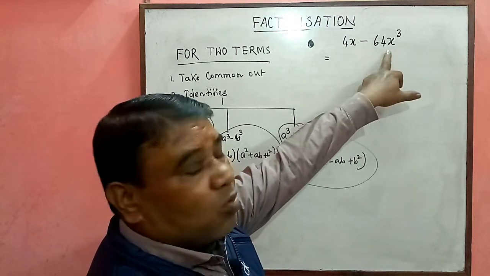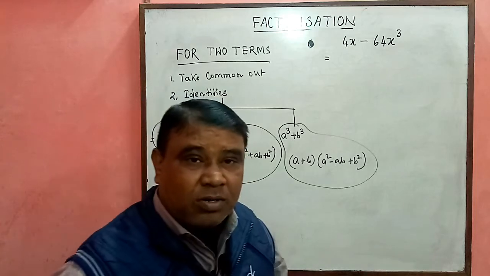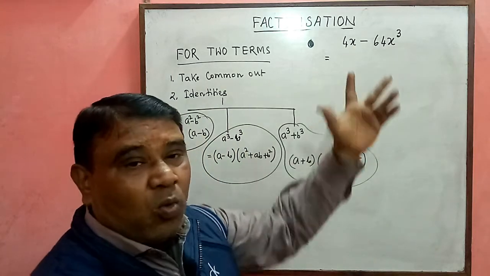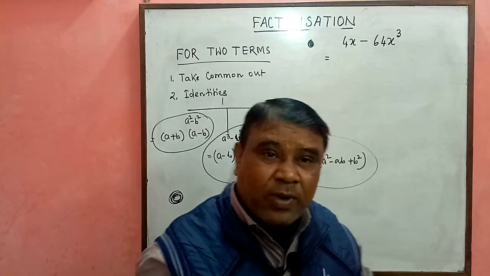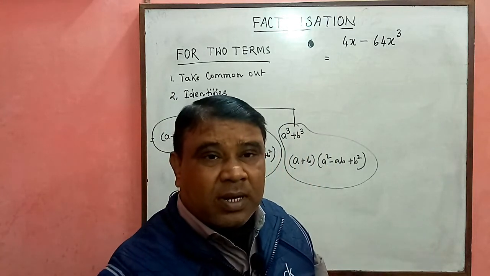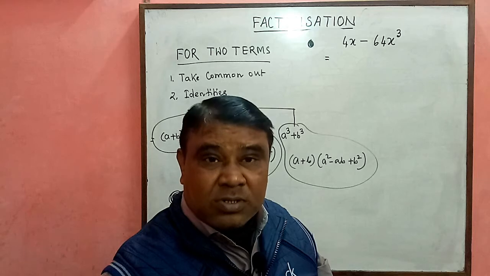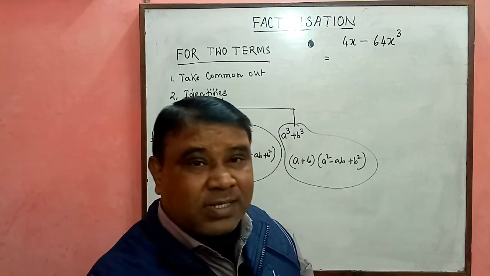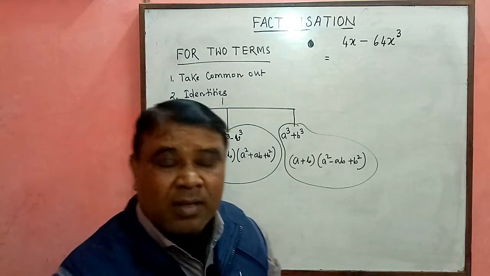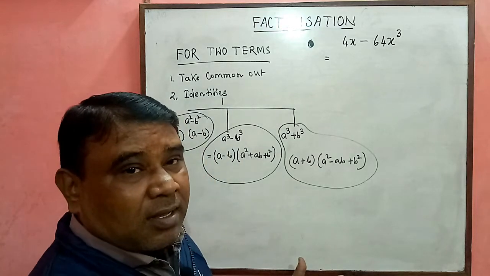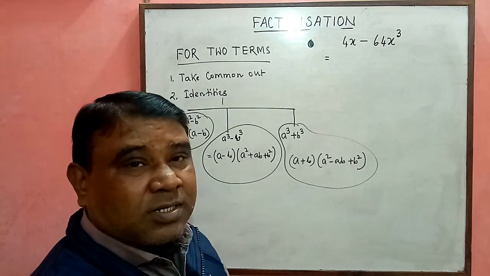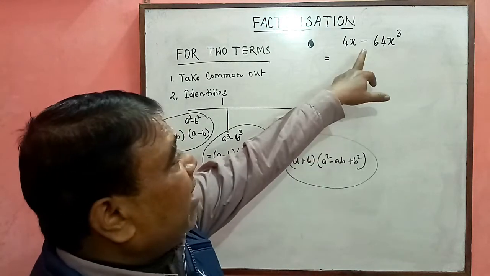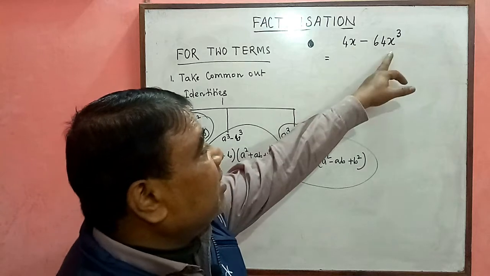I already discussed how we will know it is an algebraic expression of more terms. I said only the plus and minus sign will tell us whether the expression consists of more than one term or not. Here we have one negative sign, so definitely there are two terms.